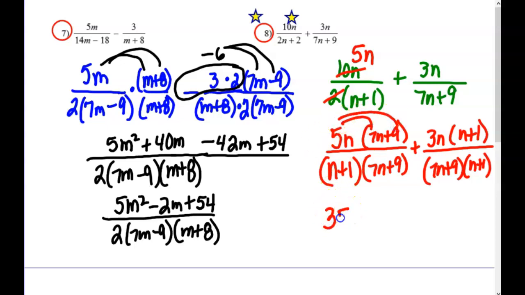Let's see, I got 35n squared plus, that was a 9, right? I can't even read my handwriting anymore. 45n. Back here, I got a 3n squared plus a 3n.